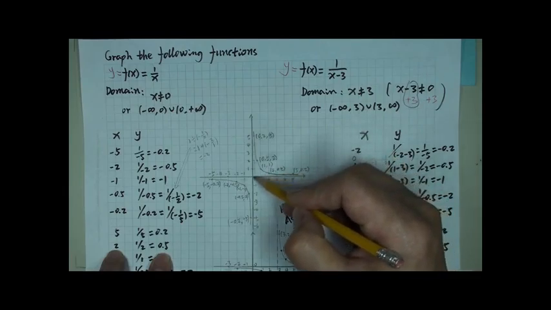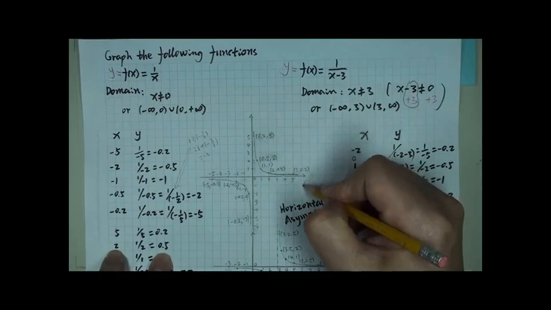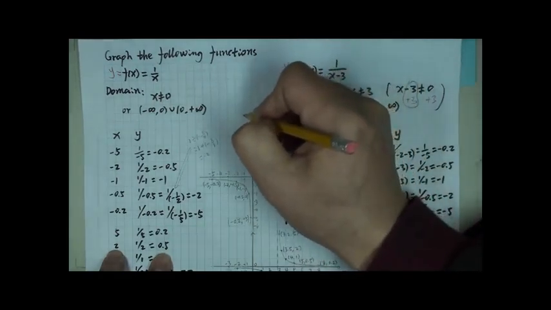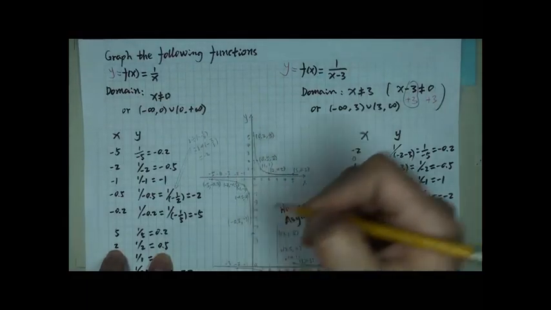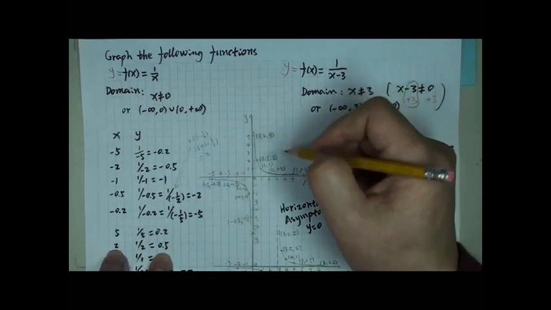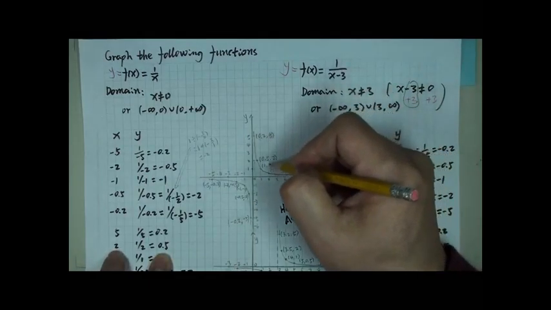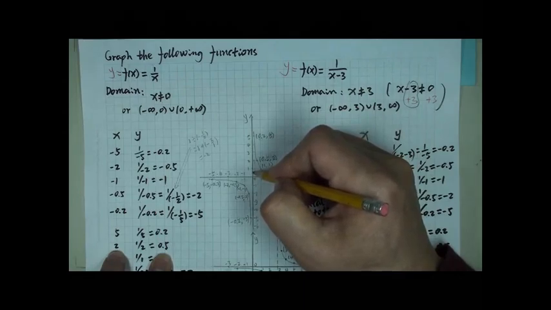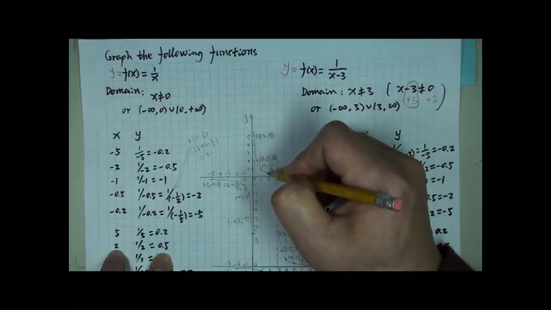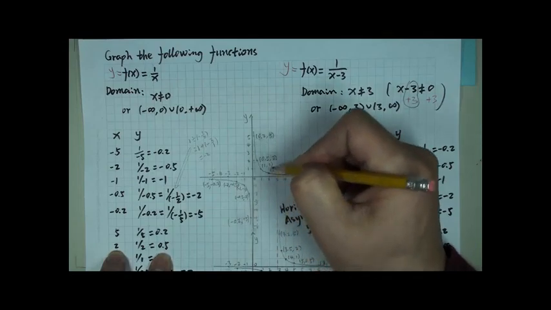This one is x, this one is y. X is 2, y is halfway, 0.5. So this point is the second point.